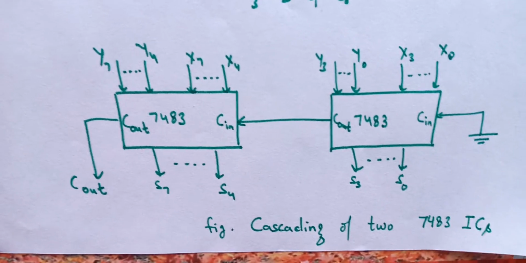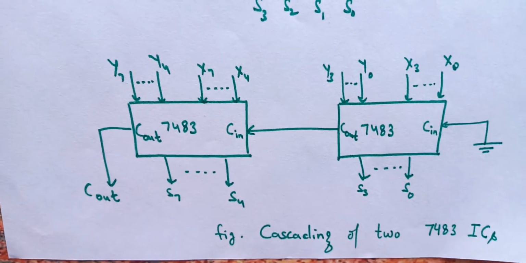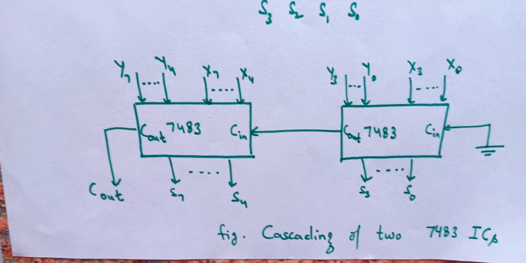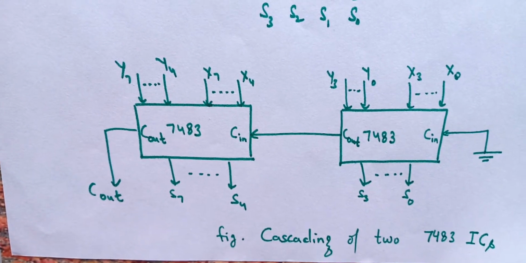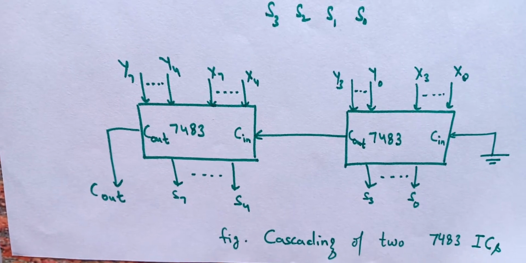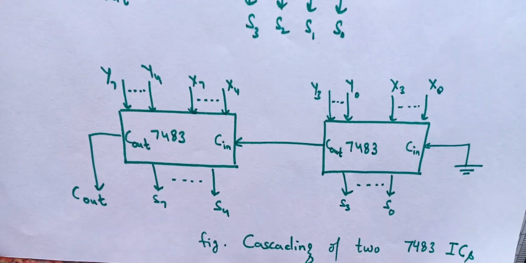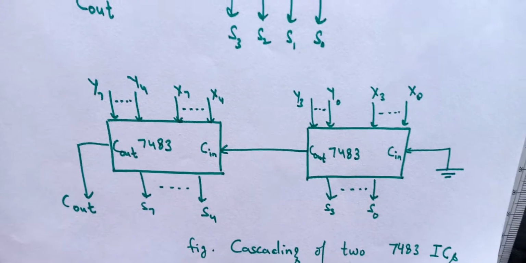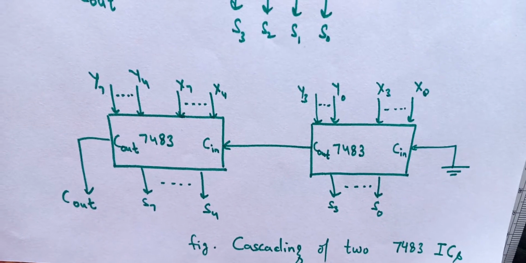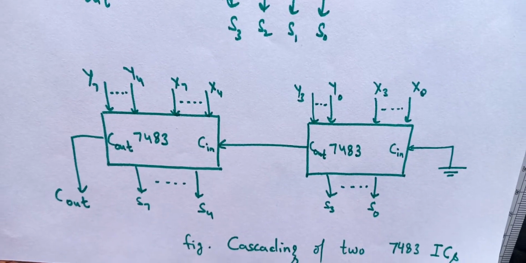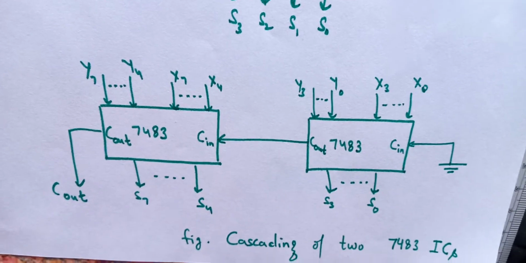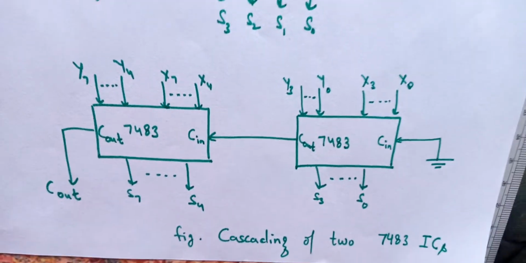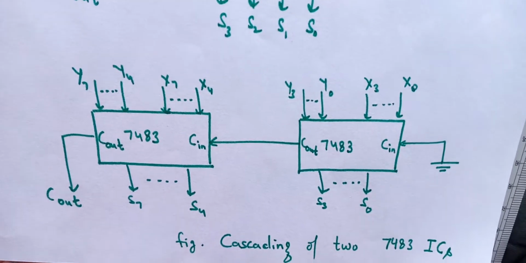So this is clear from this figure that cascading is done like this, where the output of the 7483 IC on the right hand side has C out as the intermediate carry generated, which is the input carry for the next 7483 IC in cascade, and then X4 to X7 becomes the 4-bit input, and Y4 to Y7 becomes the 4-bit input of the next IC, and the sum S4 to S7 may be generated, and there is a final output carry which is C out in the left hand side 7483 IC, or we can say the most significant placed IC.